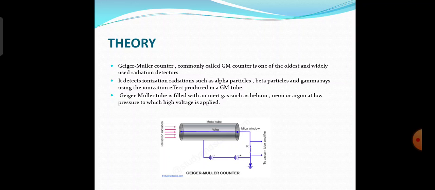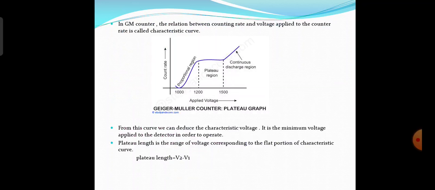Hence there will be variation in the count rate with the voltage for a standard radiation source. In the GM counter we measure the count rate according to the applied voltage, and the relation between the count rate and the voltage applied to the counter is called the characteristic curve.